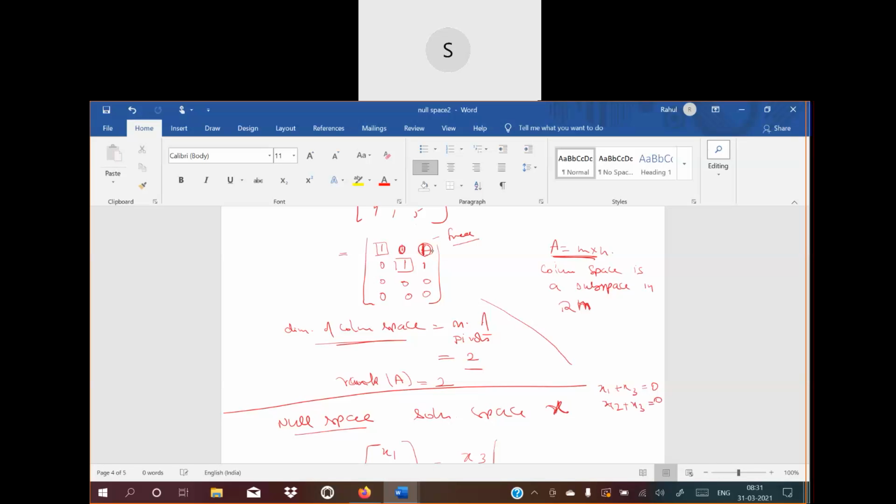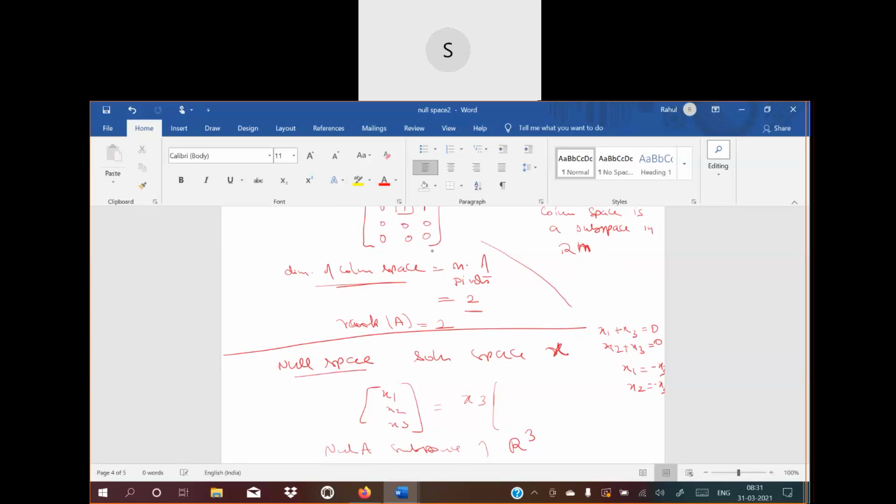These two equations are coming, and since there is one free variable, you can write x1 as minus x3 and x2 is also minus x3. If you give x3 as 1, then the solution becomes minus 1, minus 1, 1, times x3. This is in R3, and this is your basis for the null space.